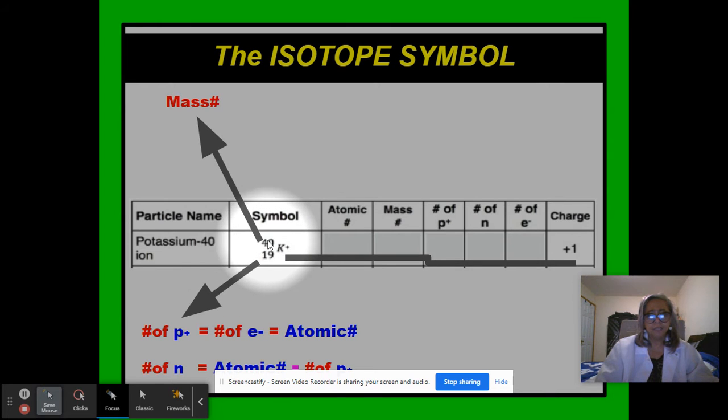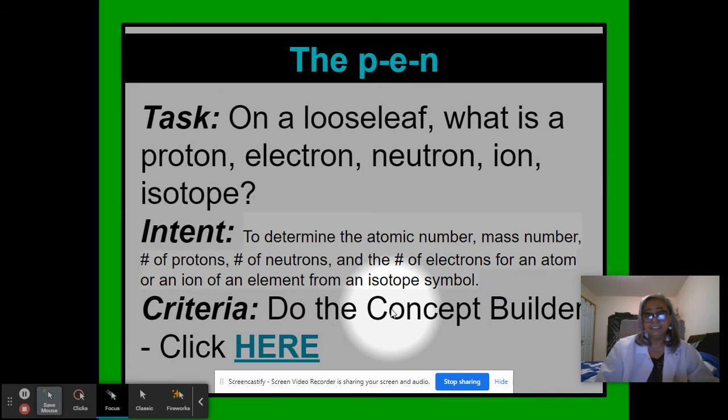Here, again, the number on top refers to the mass number, the number below refers to the number of protons, equal to the number of electrons, also equal to the atomic number. And the number of neutrons, as always, would be the number on top, 40 minus 19, to give you the number of neutrons.